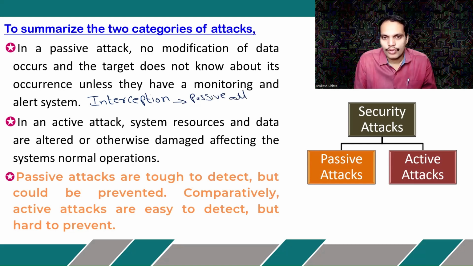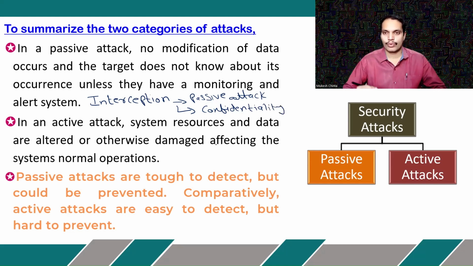And this interception is an attack on confidentiality. Confidentiality tells you that your messages or your information must be kept private. It should not be visible to a third party. But interception is where a third party is able to monitor everything and view whatever information you are sharing with your other communicating party.